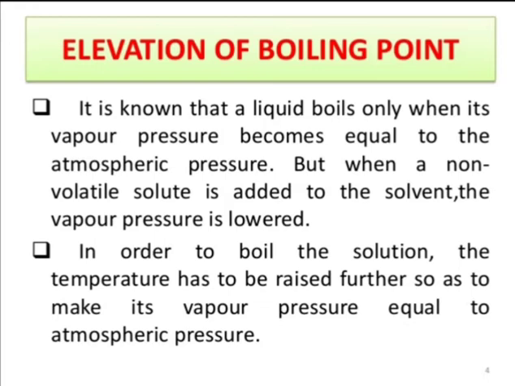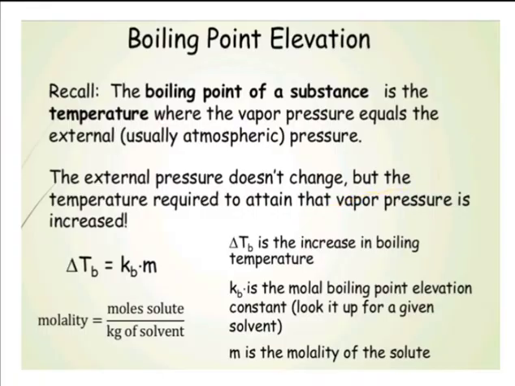At that time the vapor pressure of the solution will be lowered. So in order to boil the solution, the temperature has to be raised further so as to make its vapor pressure equal to the atmospheric pressure.